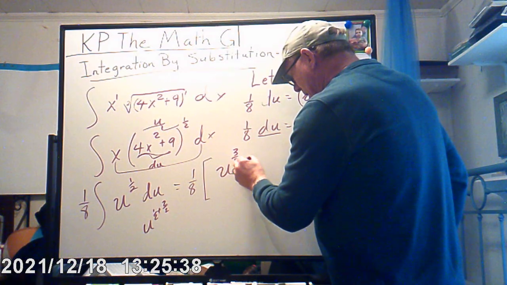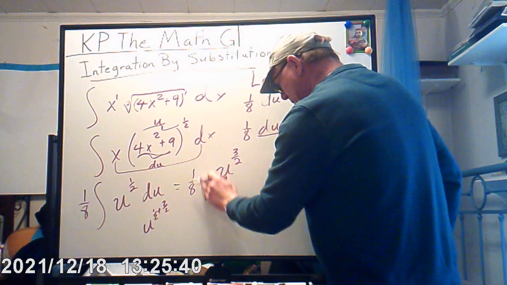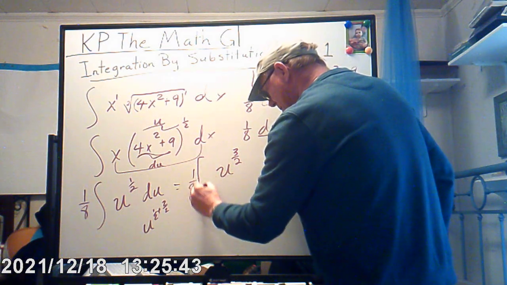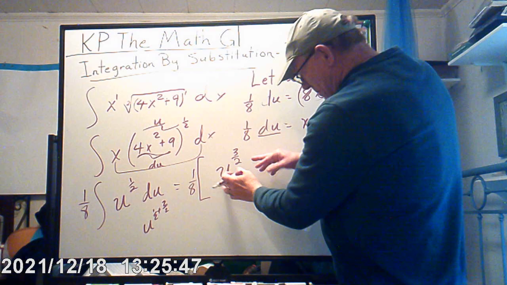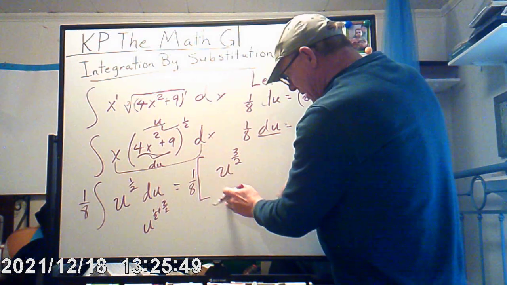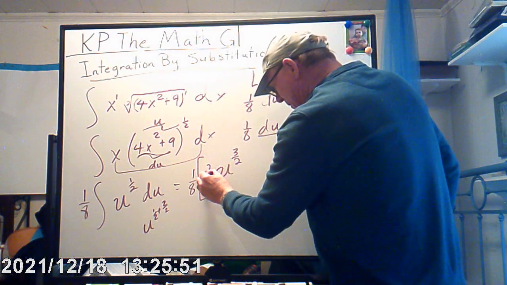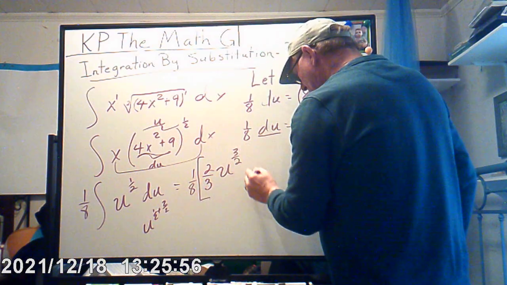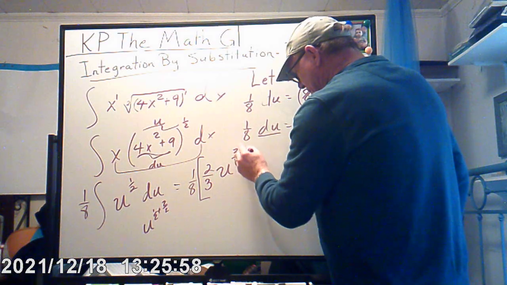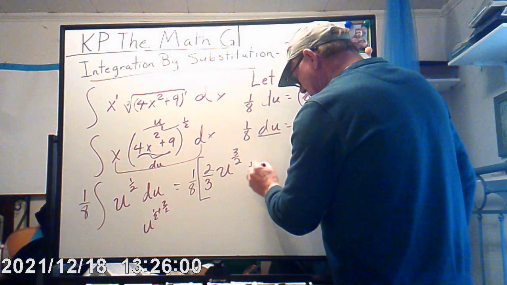Now remember, we can flip over. If we put it down in the denominator, it's 3/2, but flip back over, it's 2/3. And we're going to put the plus c right here.